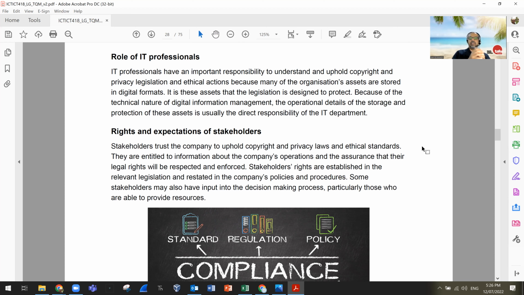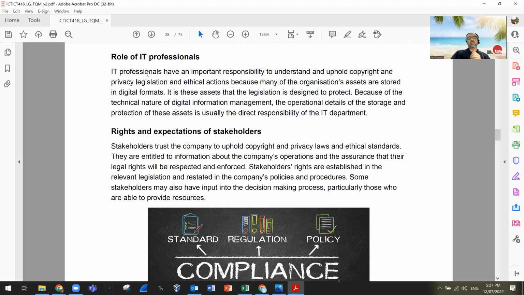So we have administrative controls like policies, procedures, laws, regulations. We have technical controls, so password, encryption, backup, monitoring, and so on. We have also some physical controls like locks, security gates, security guards, dogs, cameras, and so on.